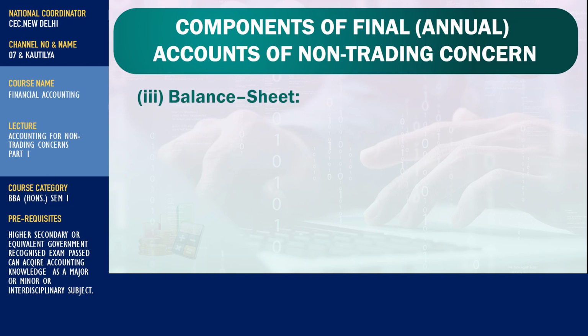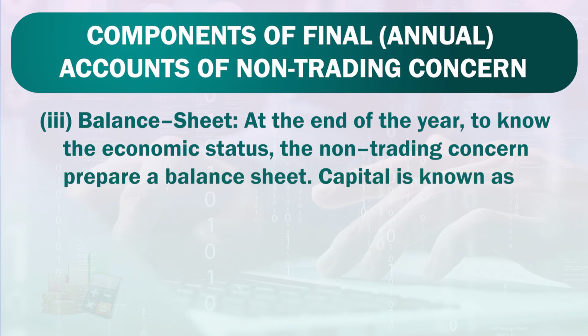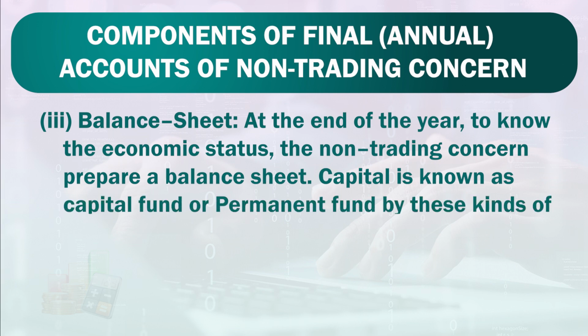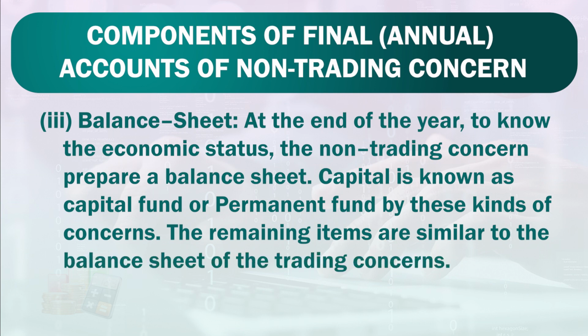3. Balance sheet. At the end of the year, to know the economic status, the non-trading concern prepares a balance sheet. Capital is known as capital fund or permanent fund by these kinds of concerns. The remaining items are similar to the balance sheet of a trading concern.